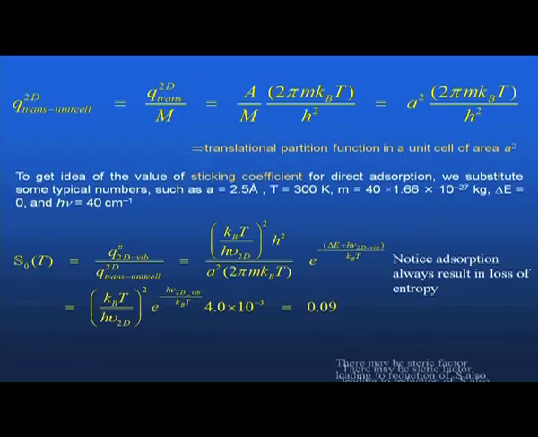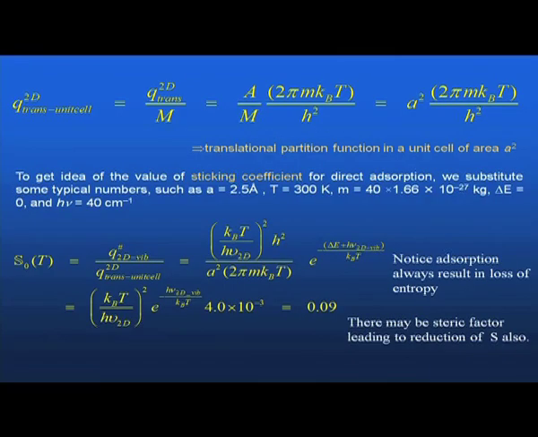Now, since it sticks to the surface, its restriction is more, its freedom of movement is reduced. If its freedom of movement is reduced, then of course its entropy should reduce. So, adsorption always results in reduction in entropy. And there may be a steric factor leading to reduction of S as well.